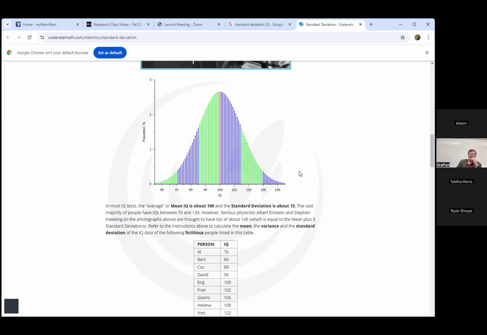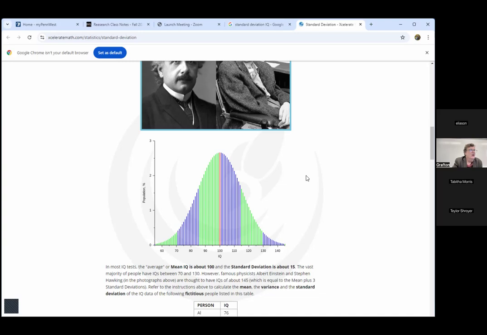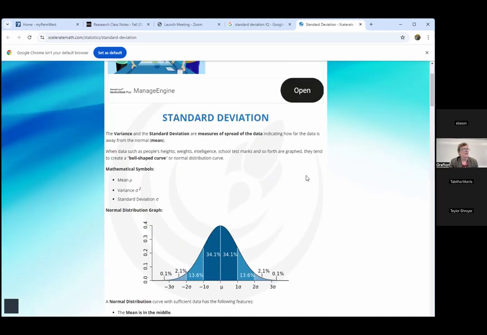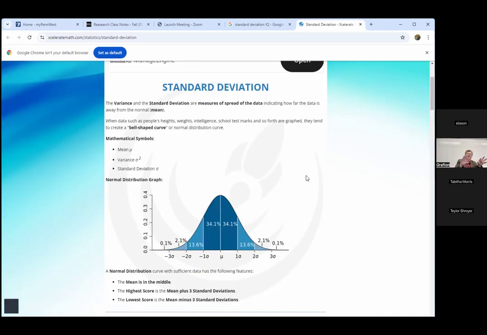It's very difficult to measure after 145. I don't know if anybody's ever taken an IQ test, but that's kind of what it is. So that's an example of how to use standard deviation in a 100 point test.